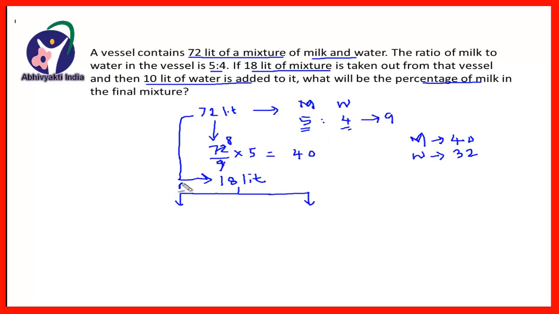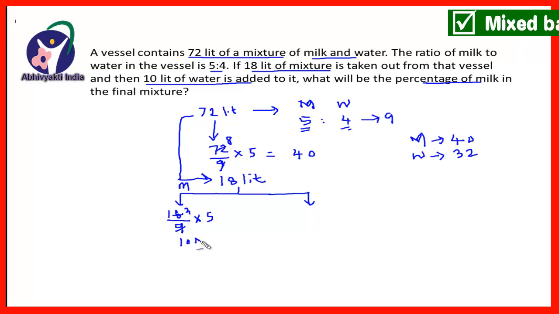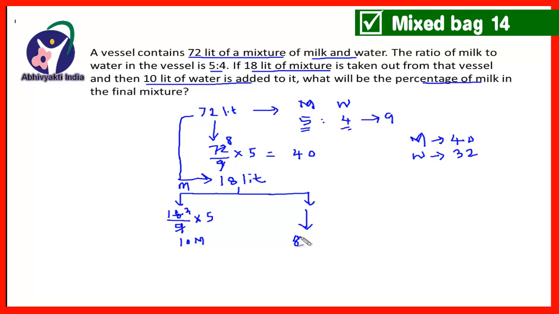Therefore, the quantity of milk in 18 liters will be 18 divided by 9 multiplied by 5. So 9 2s are 18. So 10 liters of milk is removed, and since 10 liters of milk is removed, it means 8 liters of water is removed.